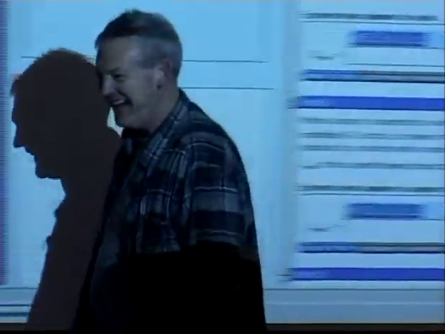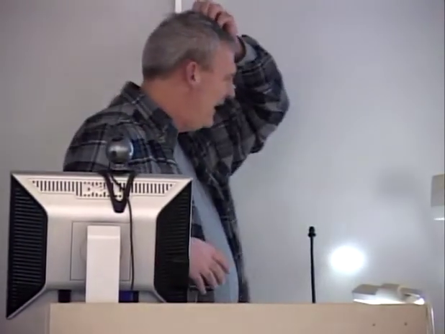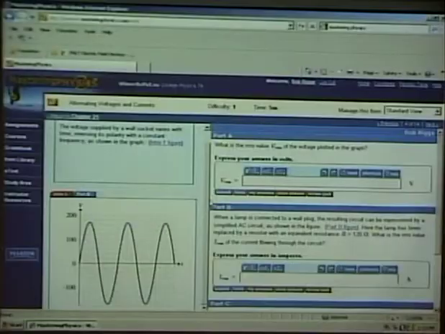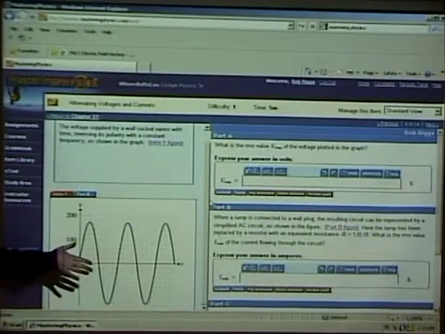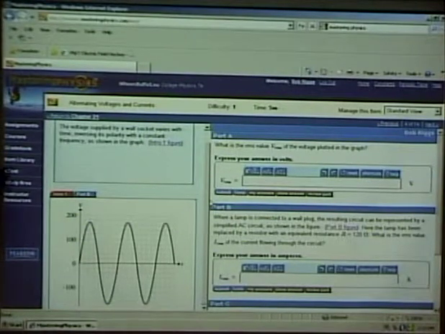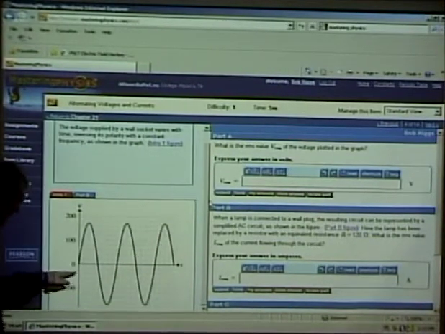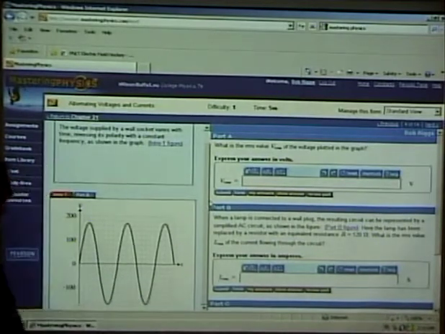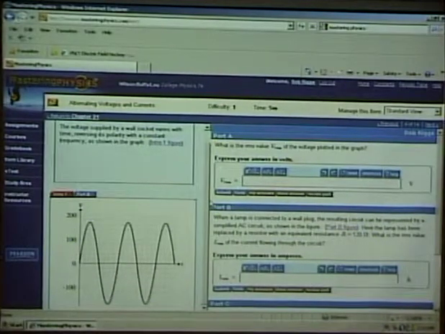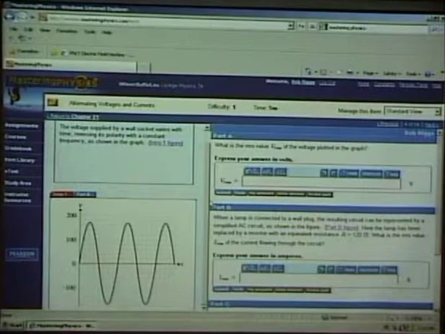Because if you multiply it, you're going to get like 210 or something like that. All right, so we pretty much know that what's coming out of here is bouncing between 170 and negative 170, the polarity. And so the root mean square of it going right across here is about 120.